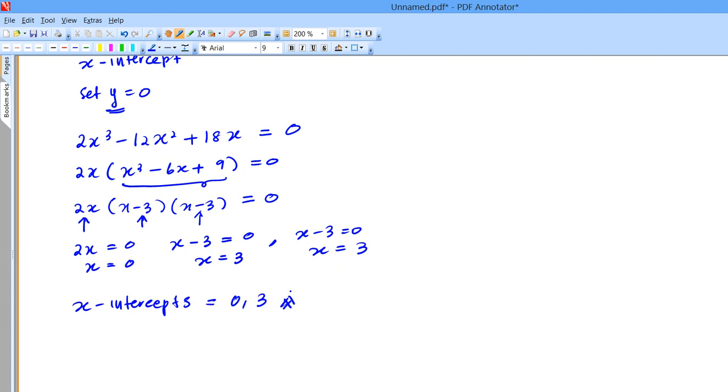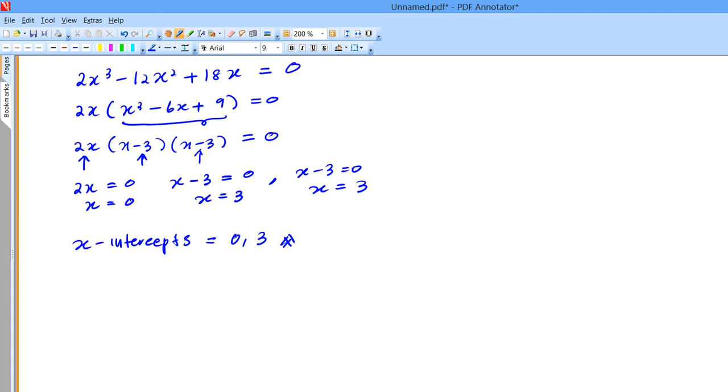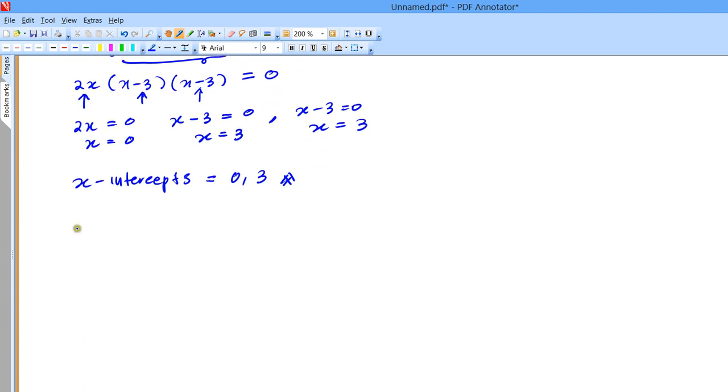Okay, now we want to find y-intercept. So for y-intercept, we just need to set x equal to 0. So we have function y equal to 2x cubed minus 12x squared plus 16x.